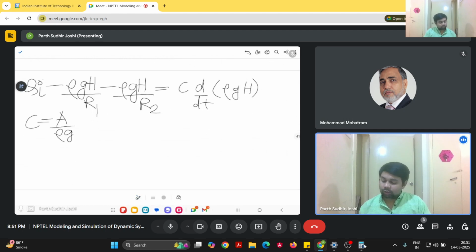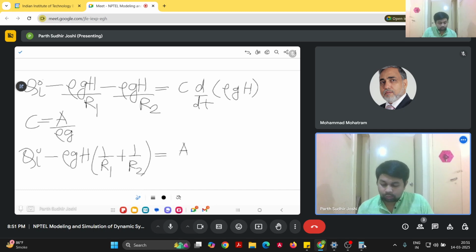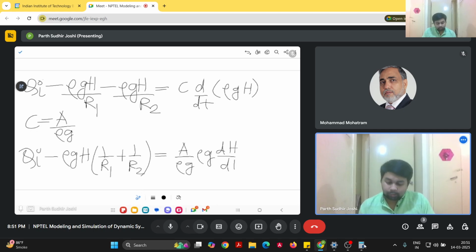So therefore this equation will become Qi minus rho g h into (1 upon R1 plus 1 upon R2) is equal to A by rho g into rho g dh by dt.